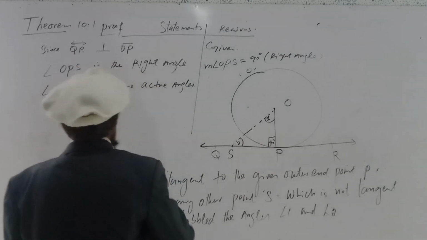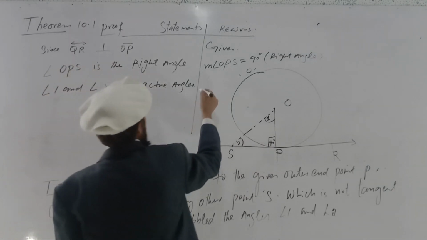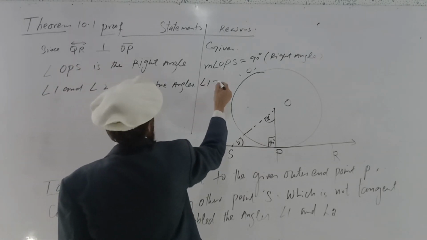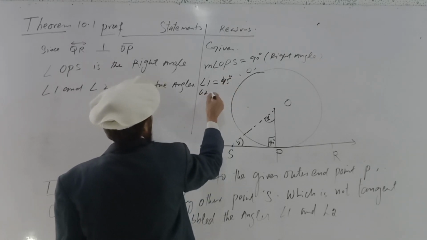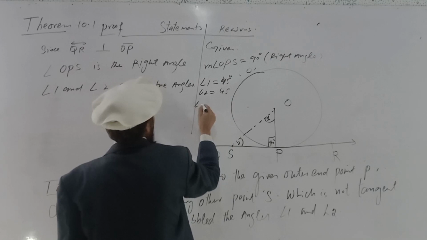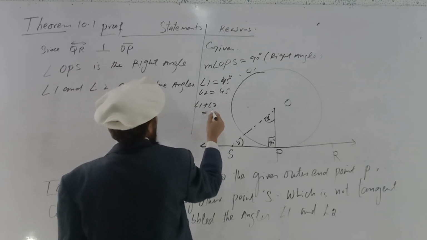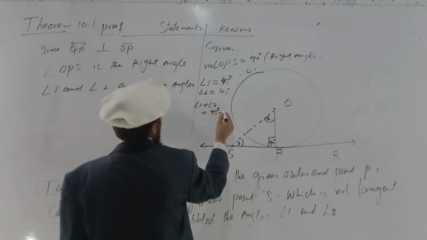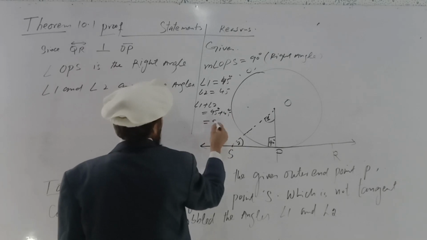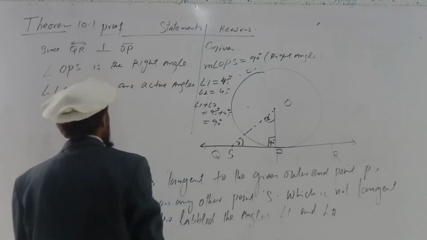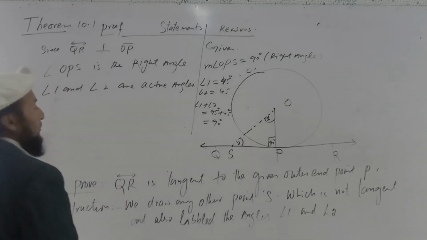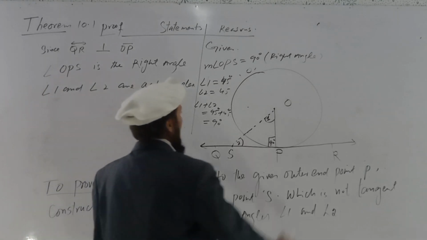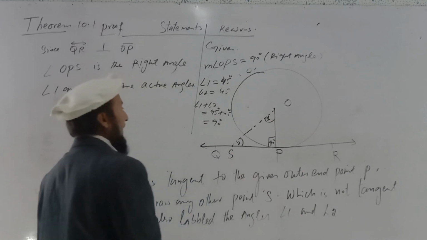Here angle 1 is 45 degrees and angle 2 is also 45 degrees. Angle 1 plus angle 2 is equal to 45 plus 45, so you will get 90. So angle 1 and angle 2 are acute angles and angle OPS is the right angle.